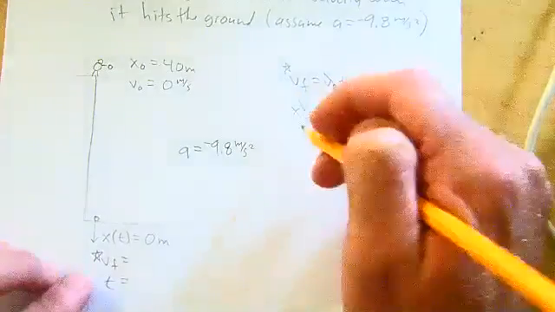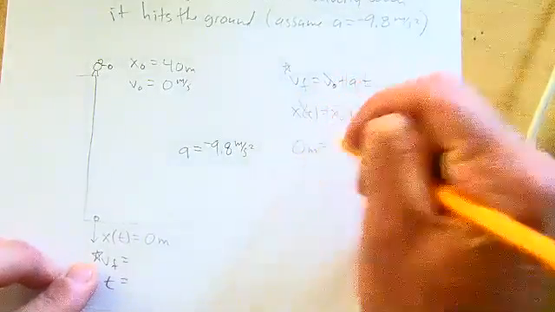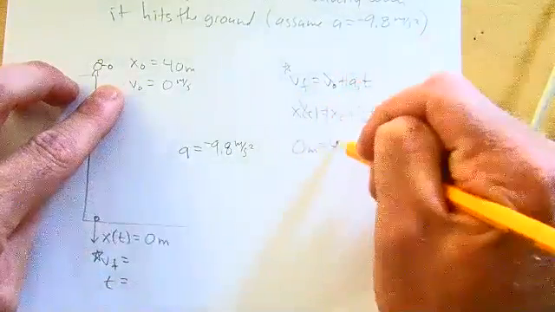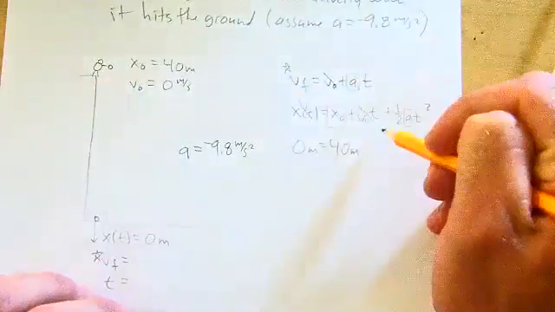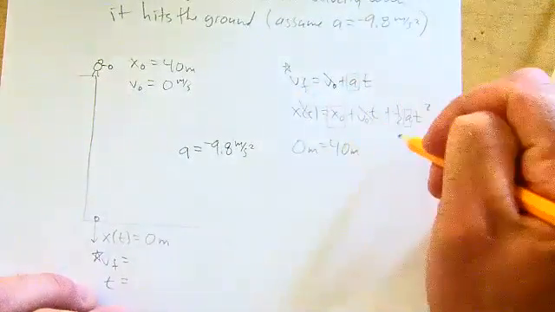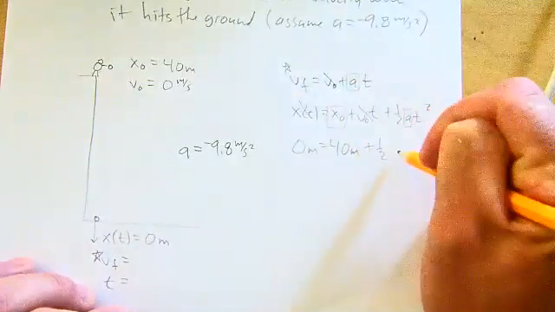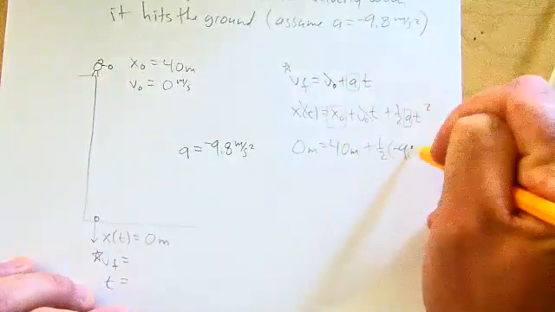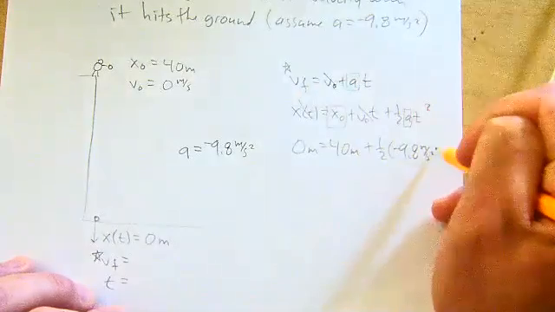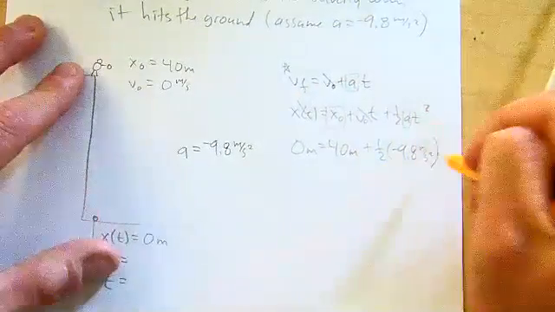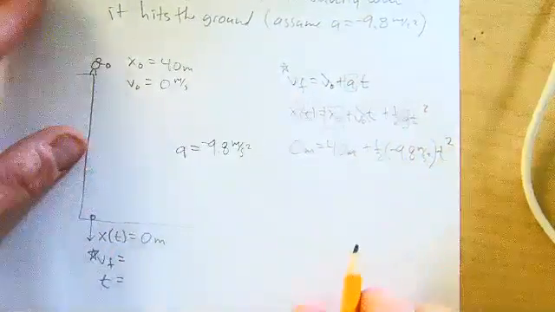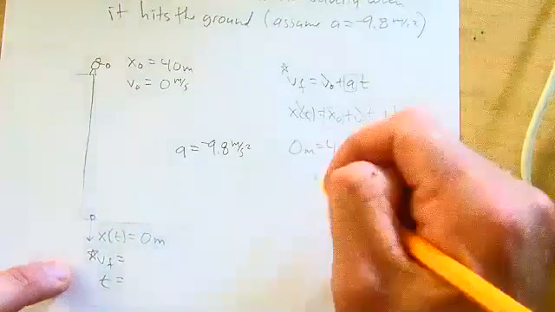Okay, here we go. X of t is 0. X0 is the 40. This is gone because V0 is just 0. Plus 1/2. A is negative 9.8 meters per second squared. And t squared. All right, keep solving this for t.